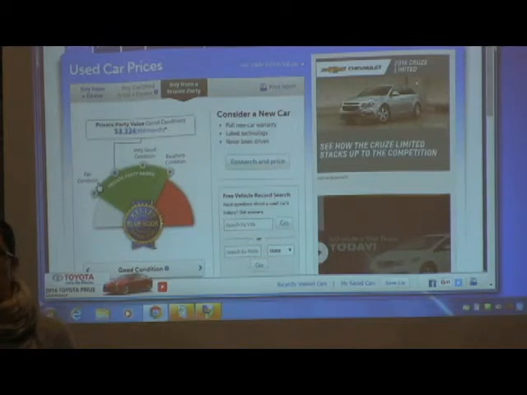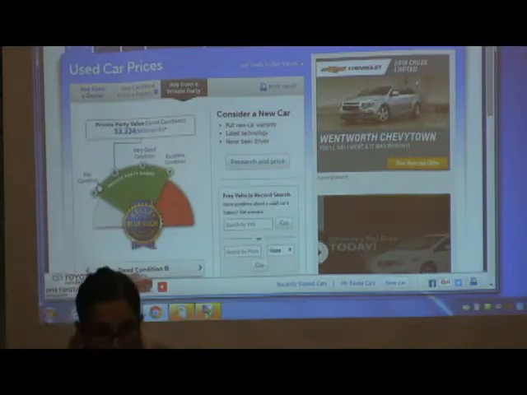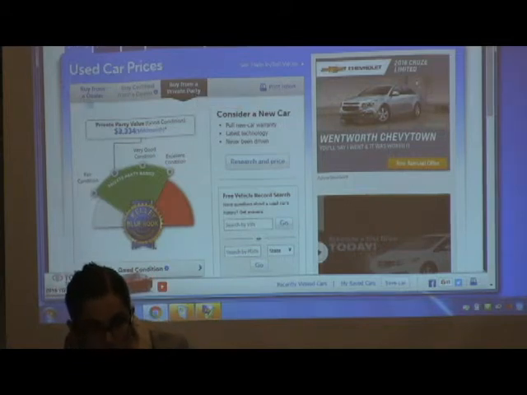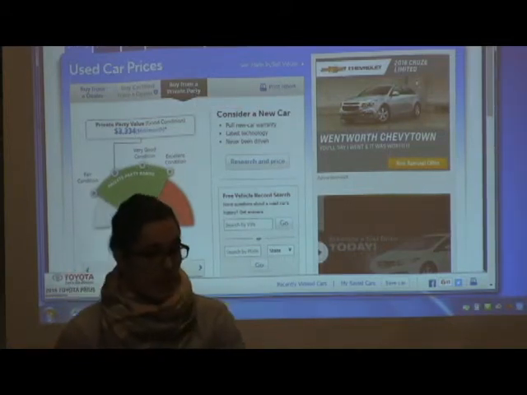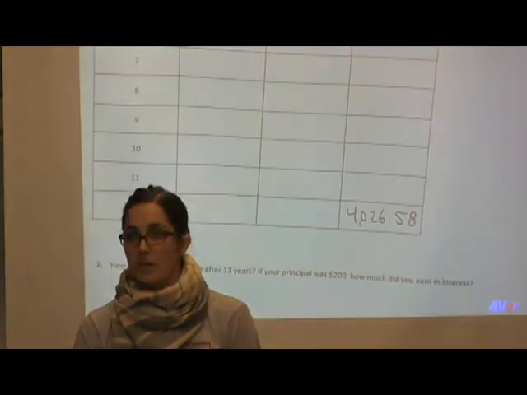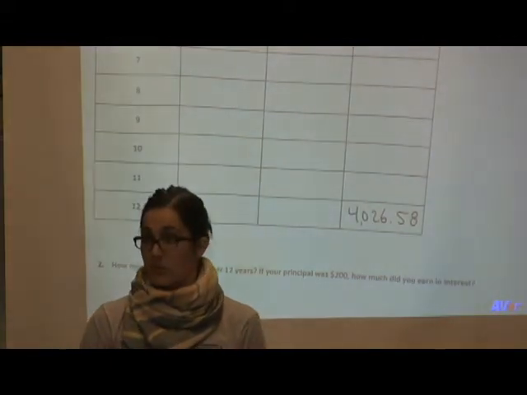But if you are just buying from a private person who owns the car and wants to sell it, it's generally cheaper. Either way, we can see that this was actually accurate. A car losing 12% of its value a year, that's for real.